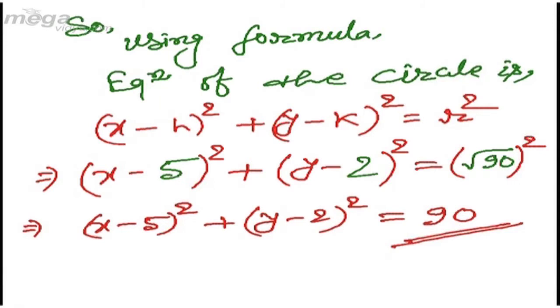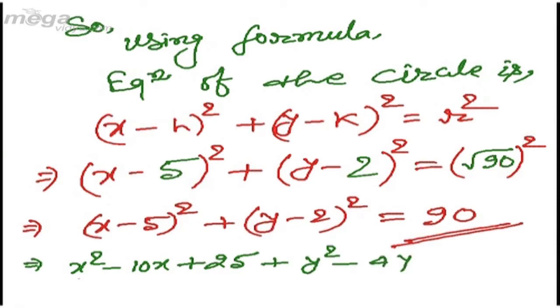After expansion, what will you get? (x minus 5) whole square we can expand: x square minus 10x plus 25, plus y square minus 4y plus 4, and this 90 we can bring on the left side so that it becomes minus 90 equal to 0.